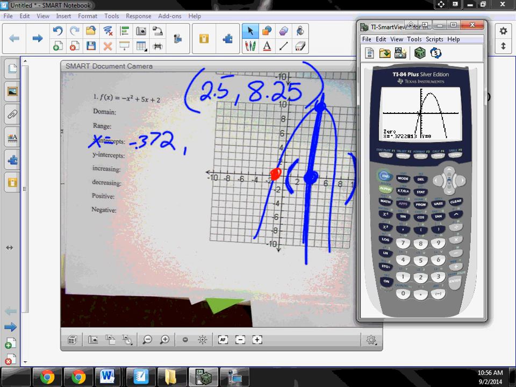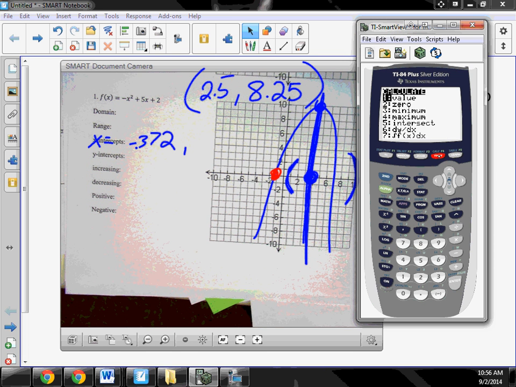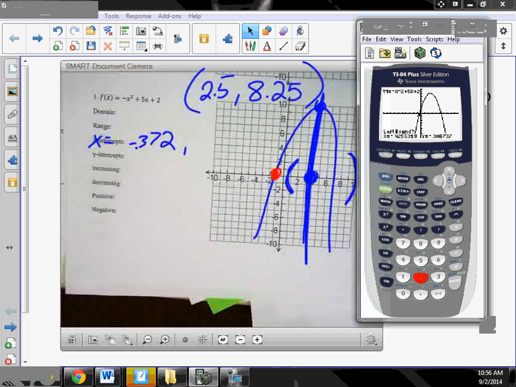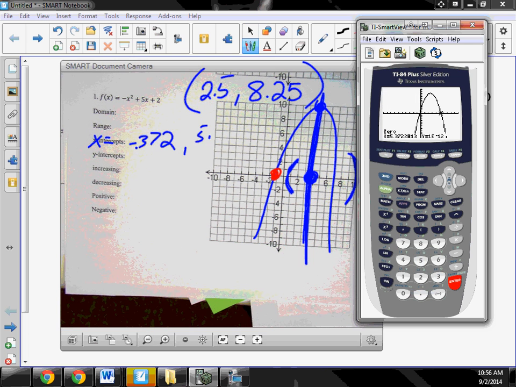For the other one, second calc 0. So if I want to find the root on the right, my left bound will be 2, my right bound will be 8, and my guess will be 6. And it says 5.37. Now look at that y. 1e to the -12. What that means is -1.0 times 10 to the -12.